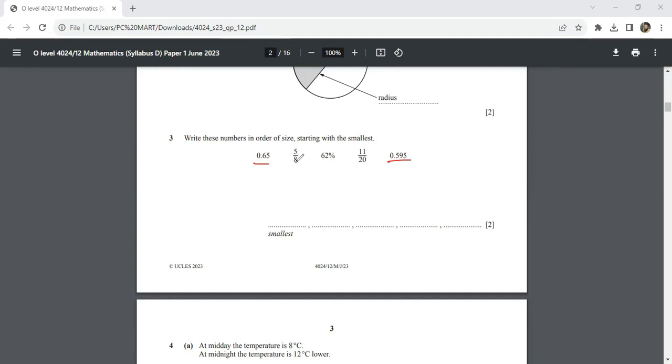For example, 5 over 8, you need to convert into decimal, and without using a calculator, it means 5 divided by 8. There will be a decimal over here and a 0 over here. So this becomes 50, 8 sixes are 48.